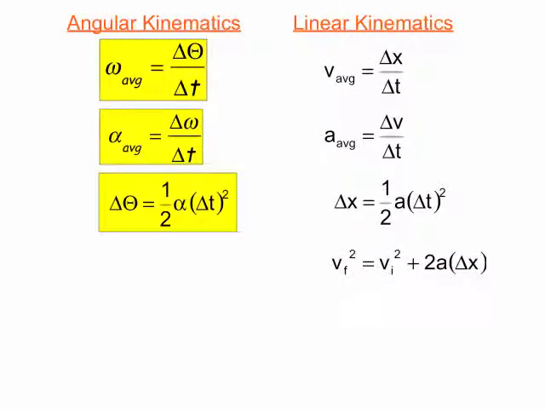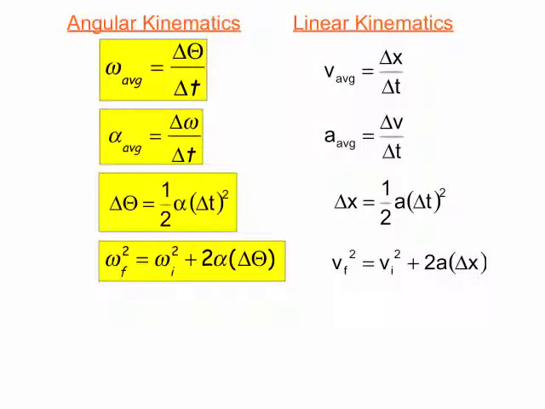You can find a final velocity if you remember its initial velocity squared plus 2 times the acceleration times the change in distance. You can find the final angular velocity if you have an initial angular velocity squared plus 2 times the angular acceleration times the angular displacement.